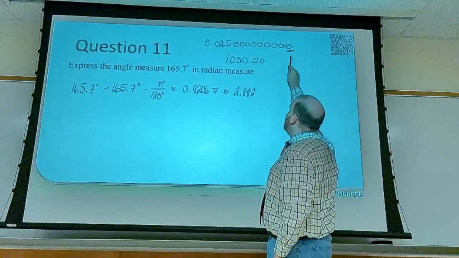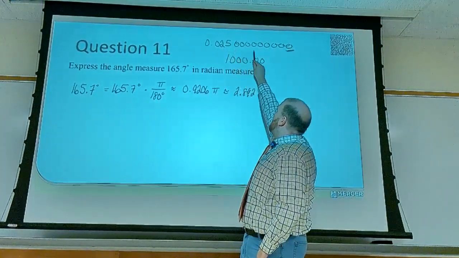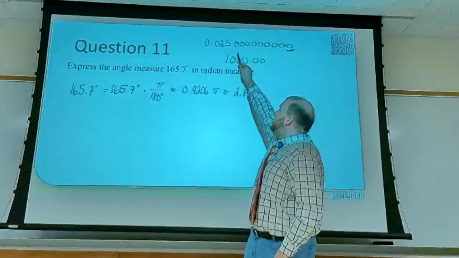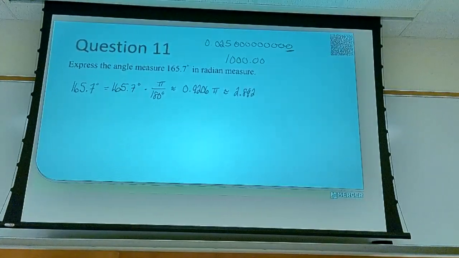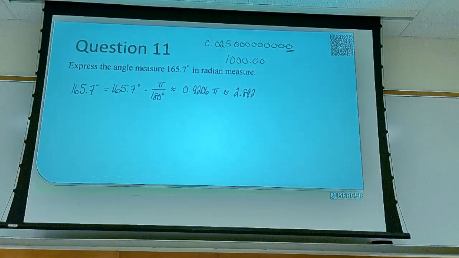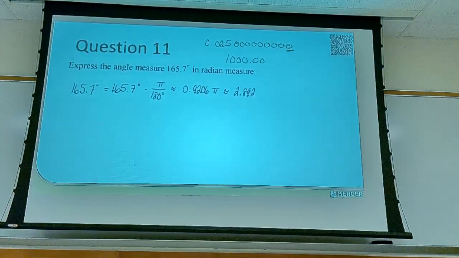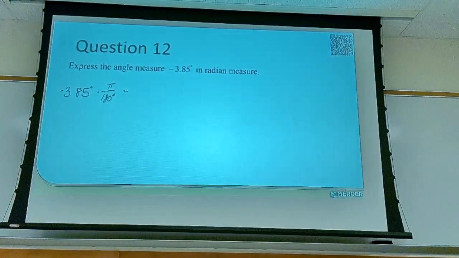So go out to here. Right, so your first significant digit will start here, and all of these. Yes, I get it, I pushed the wrong button. There we go. So I come back out to here.